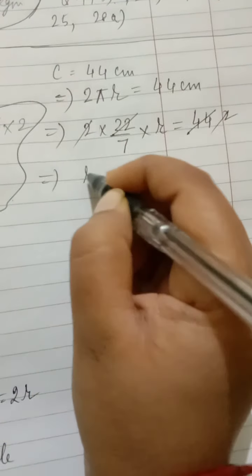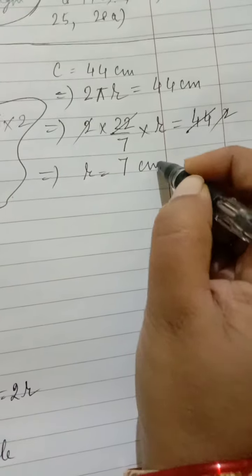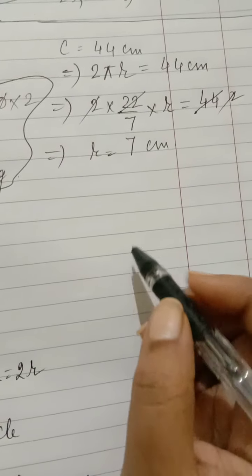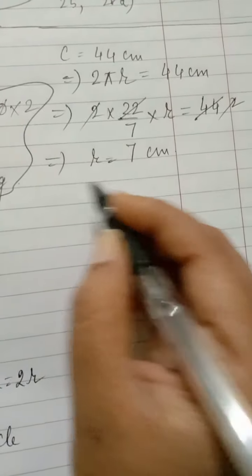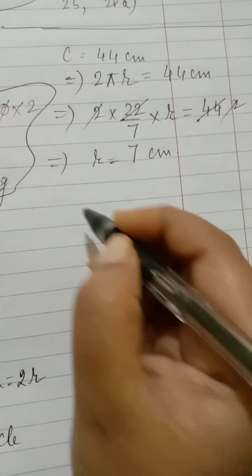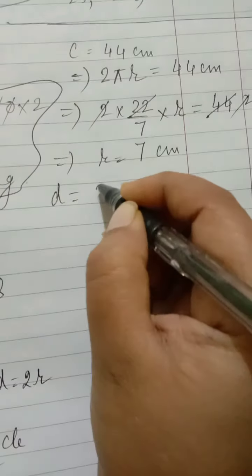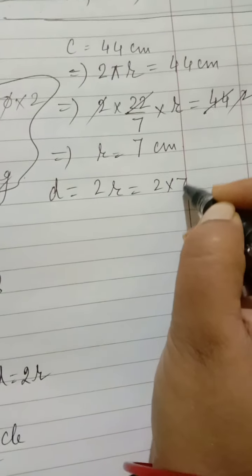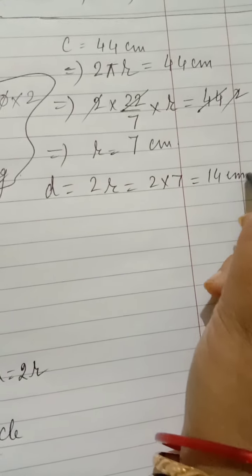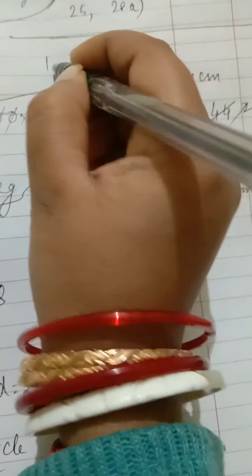So this implies r equals 7 centimeter. Now if r is 7 centimeter, in the question you have to find out the diameter. So diameter will be equal to 2 times r. So 2 into 7, that is 14 centimeter. This was question number 1.